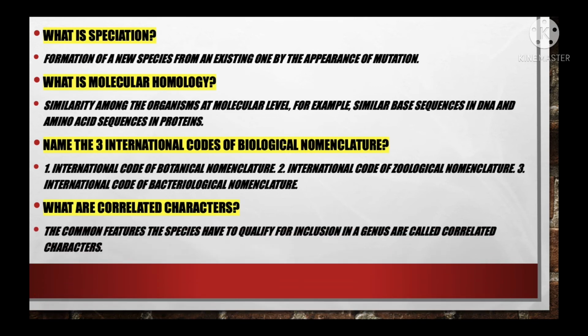The common features the species have to qualify for inclusion in a genus are called correlated characters. So, correlated characters are those similar or common features which are used in delimitation of various taxa. The species of one genus differ from a species of a related genus in one or more characters. The reason for close similarity between species of a genus is their common ancestry.